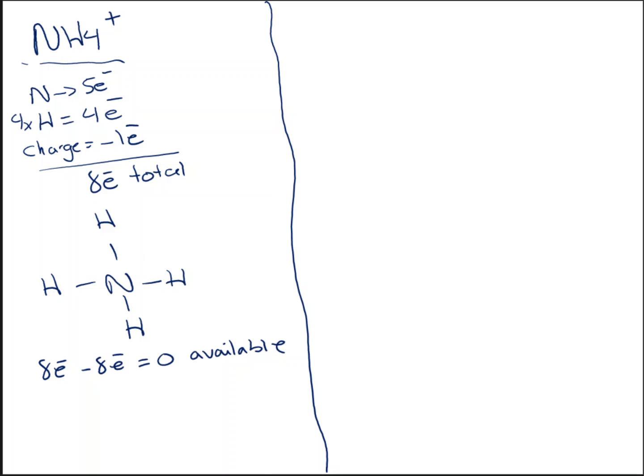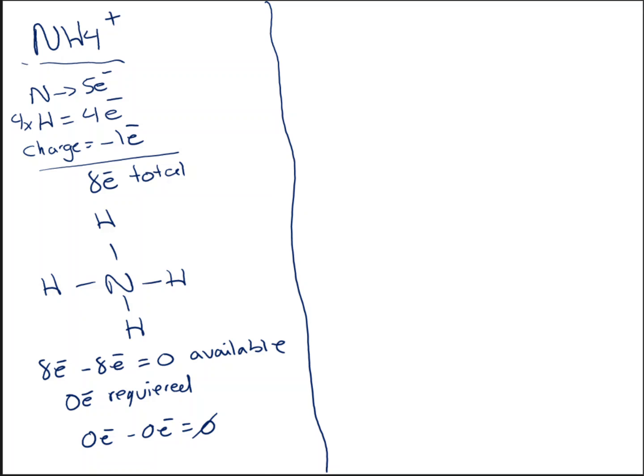Nitrogen is octet and hydrogen is duet, so 0 electrons required. If we do available minus required, that's also a 0. I had 8 valence electrons available. Nitrogen is octet, hydrogen is duet, and in terms of electrons, this is correct.